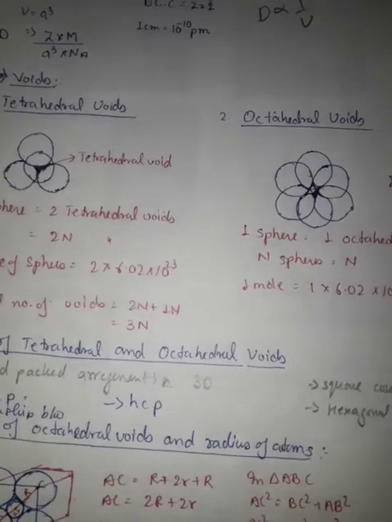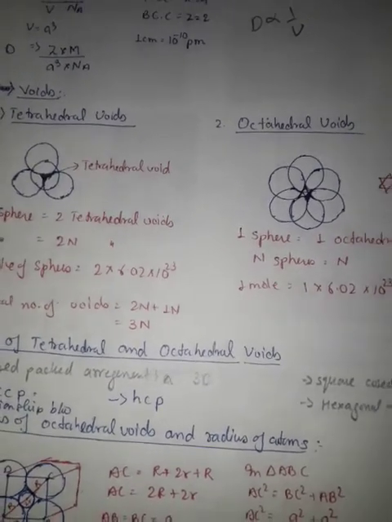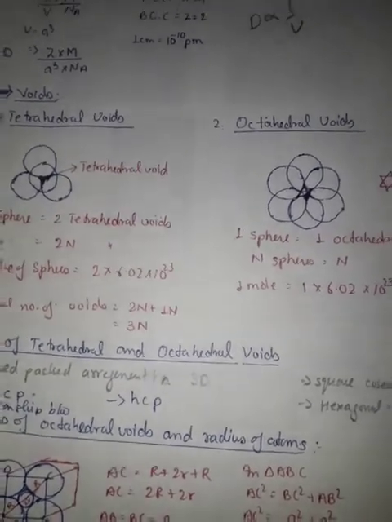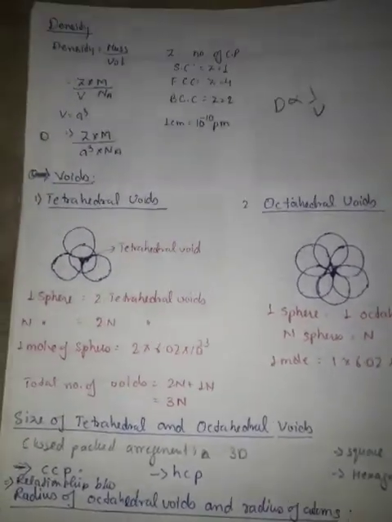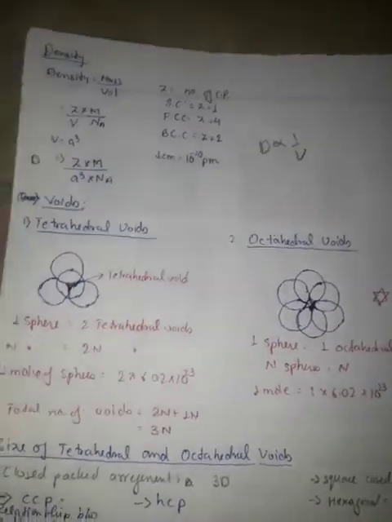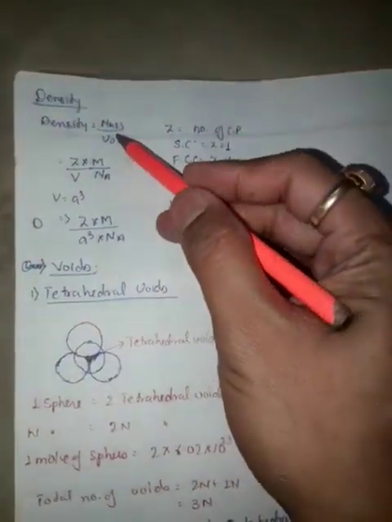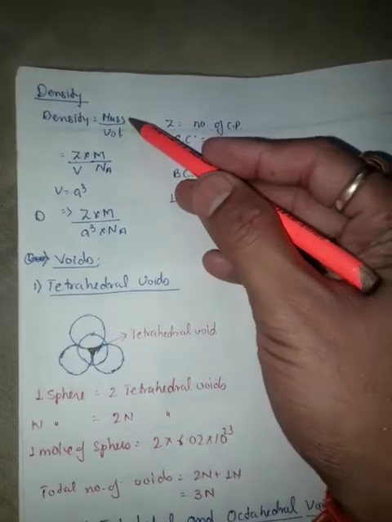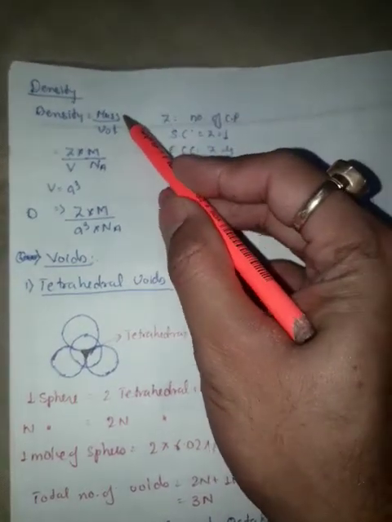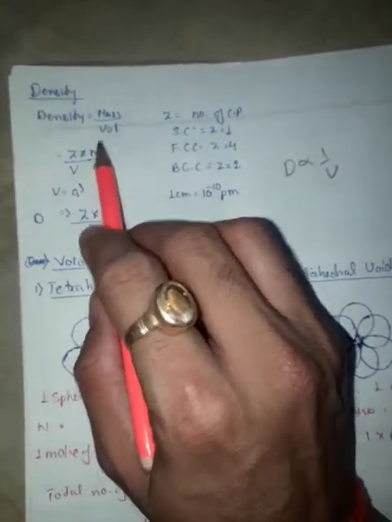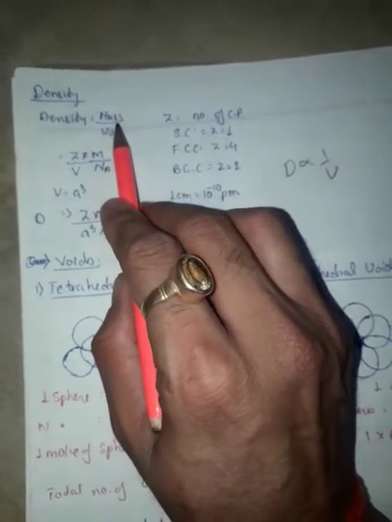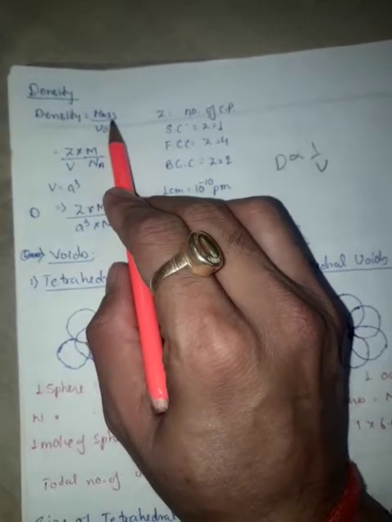Now we have to take the mass of a unit cell, that is, what mass of unit cell is participating. So here we get the formula: density is equal to mass upon volume, where Z into M is the mass of unit cell.